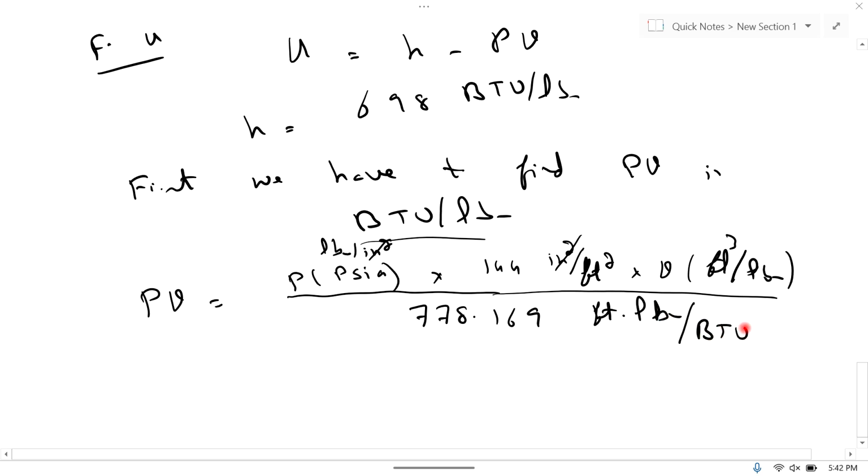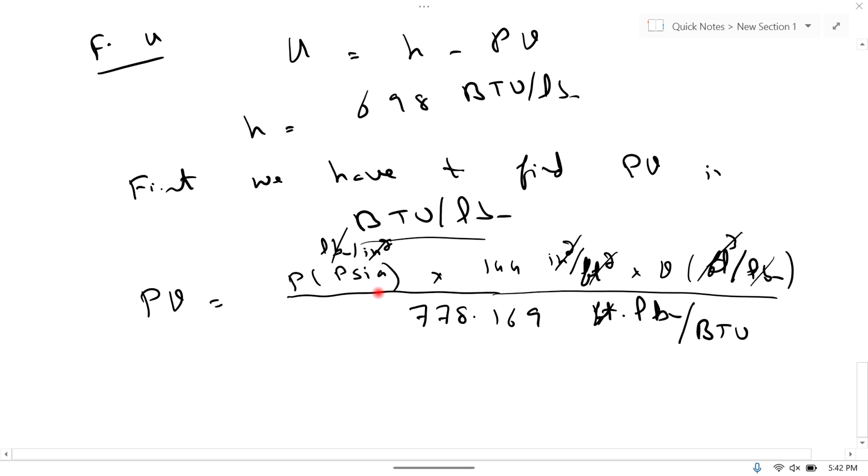So this feet and this square feet will be cancelled with this cubic feet, and this pound mass will be cancelled with this pound mass.